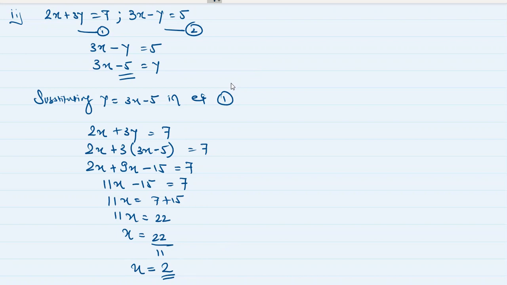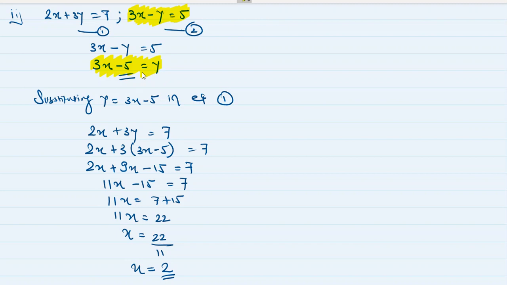Now I'm going to put the value of x in one of the equations. Any one equation will do. But since I have used the first equation for substituting the value of y, now remember one thing, I'm going to give you this very important suggestion. Please remember that. You chose the second equation for finding the value of y in terms of x.